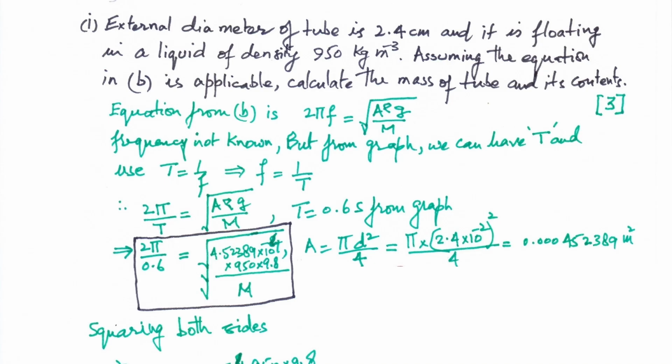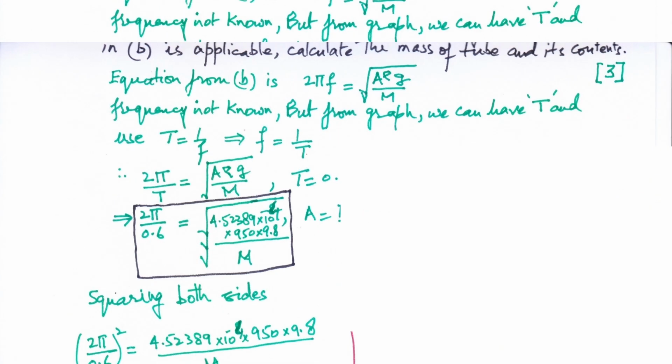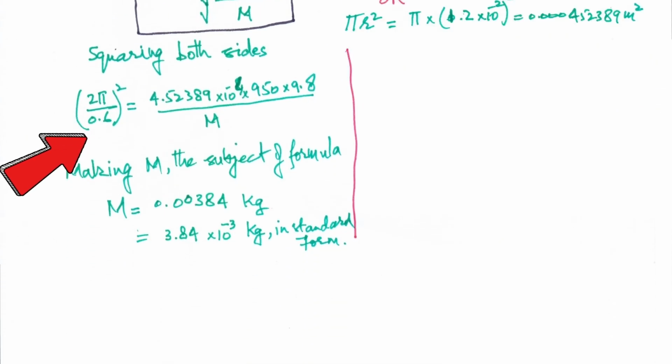So when I work it out, it comes out to be mass is equal to 3.84 into 10 power minus 3 kg in standard form. You should always try to write the answers in standard form, and also keep in mind the number of significant figures that have been used in the data, so that no mark is lost by you.